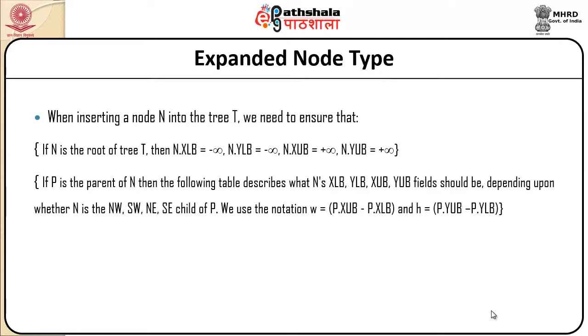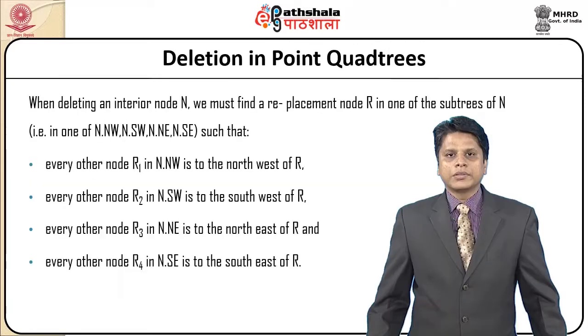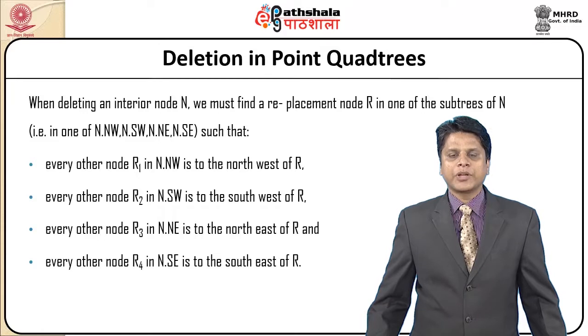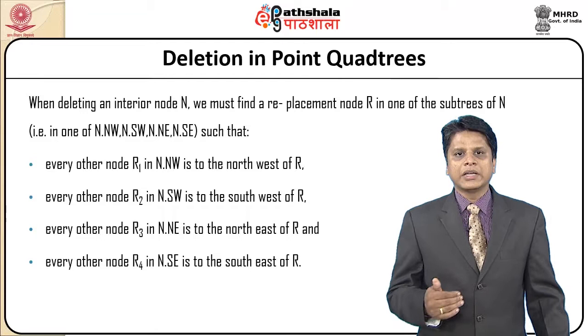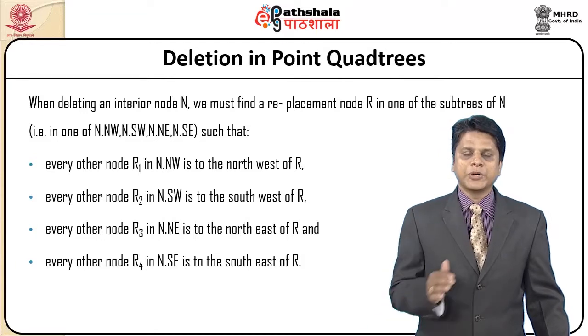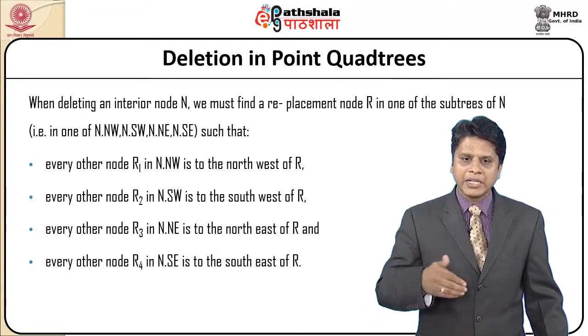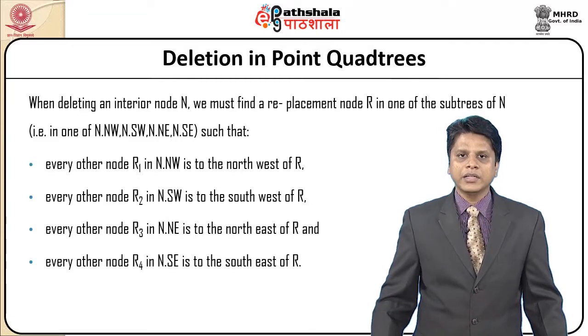So we use W to find the difference between the X values of the upper and lower bounds, and H to identify the difference between the Y values of the upper and lower bounds of the same parent node P. There is not much difference compared to the point quadtrees that we have discussed already. The difference is only in the limits that we have identified here, which lie between minus infinity and plus infinity. In the previous case, we never indicated the values as such.